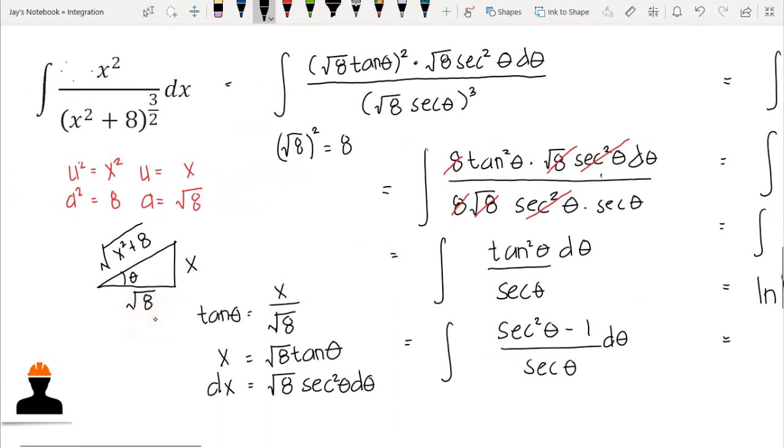Since we need secant theta, and we know that secant theta is hypotenuse over adjacent, the opposite of cosine, in this case our hypotenuse is square root of x squared plus 8, and the adjacent is square root of 8.